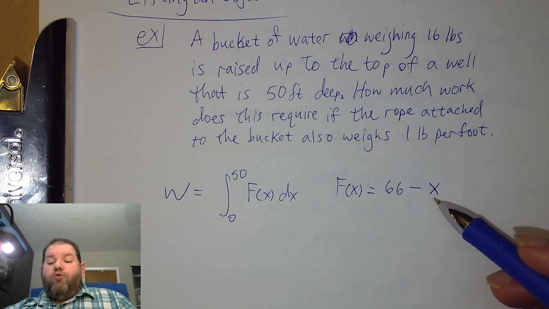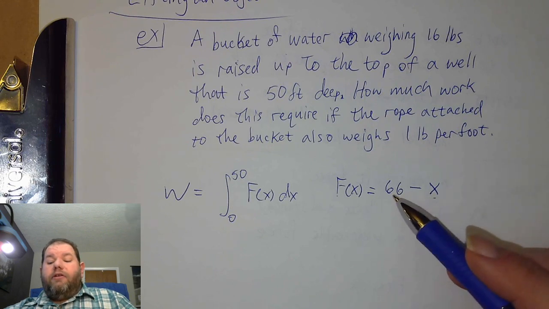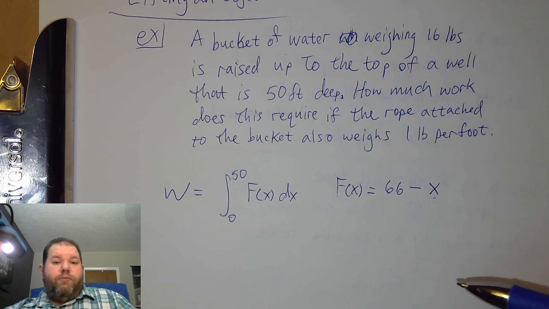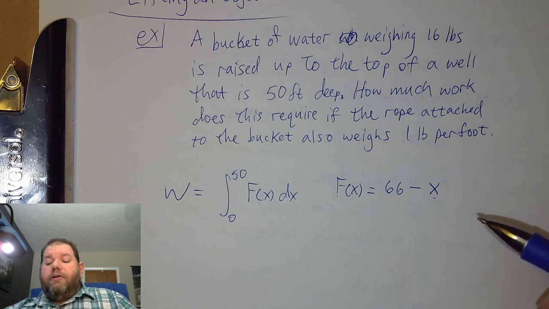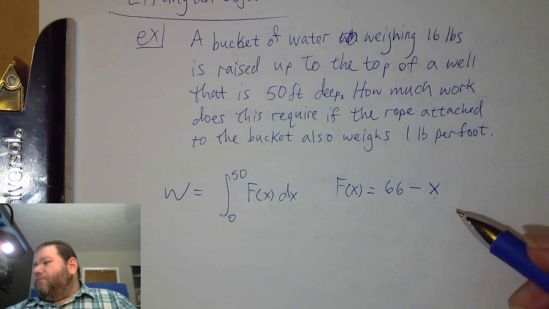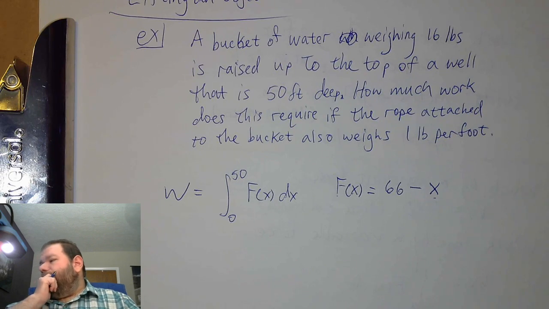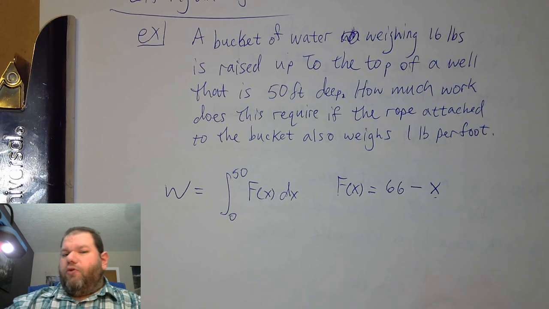So at 25 feet, halfway, the bucket and the rope combined only weighs 41 pounds at that point, so it's a little bit easier to lift. Overall, the work done is going to be equivalent, but more work is done in that first 25 feet than in the second 25 feet, because the rope and bucket weigh more at first, but less later. Hopefully this is making sense.